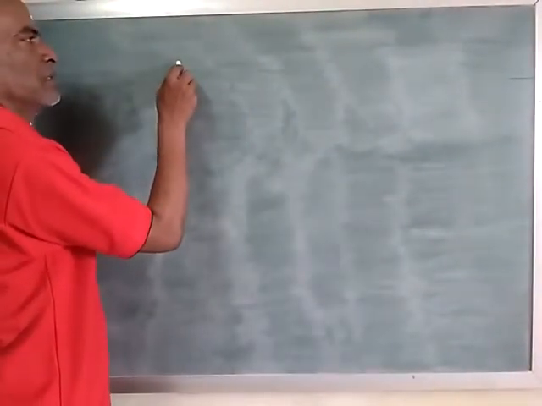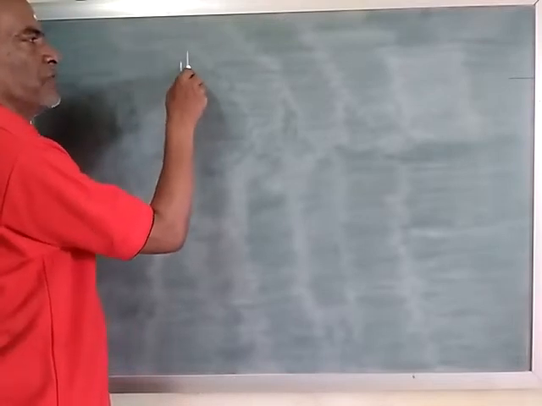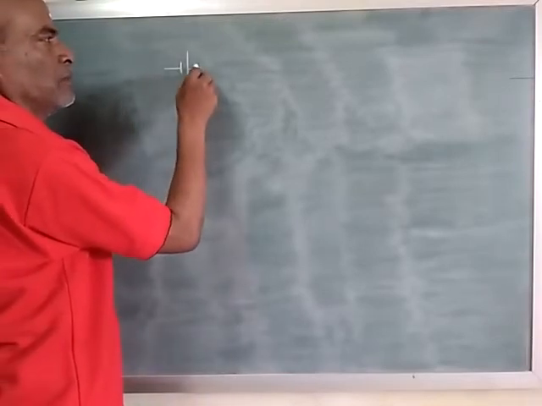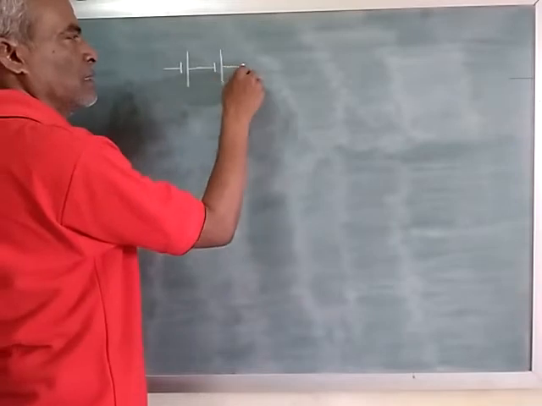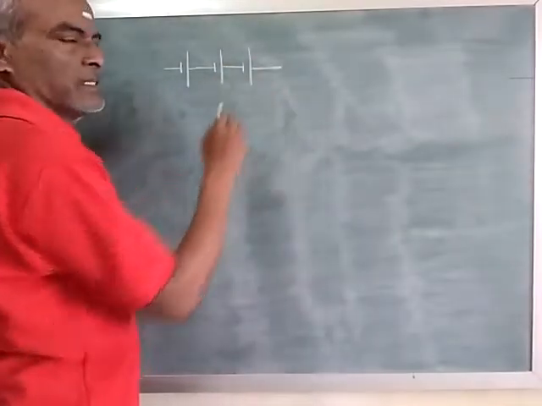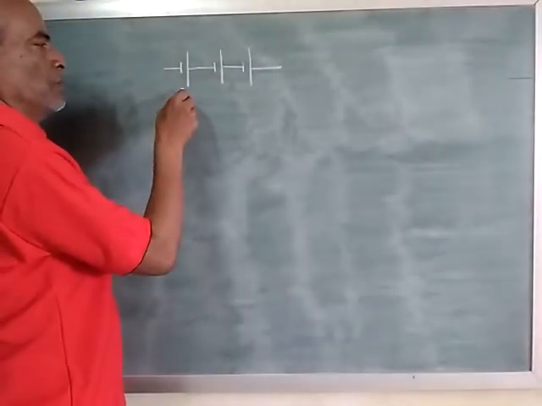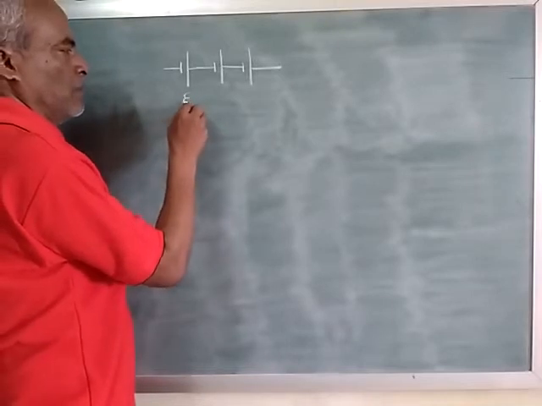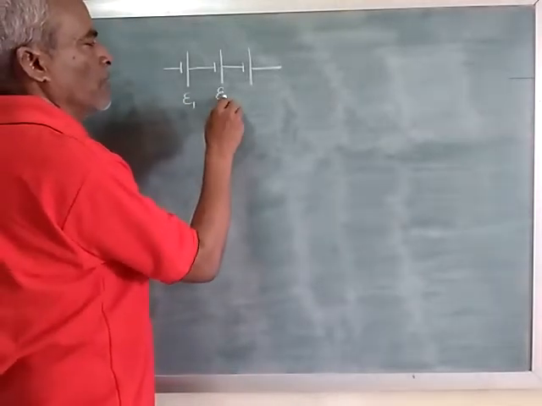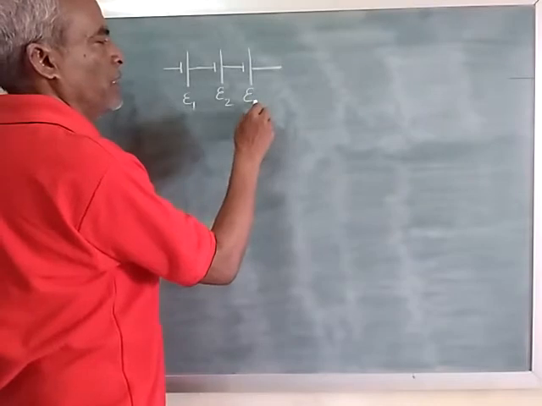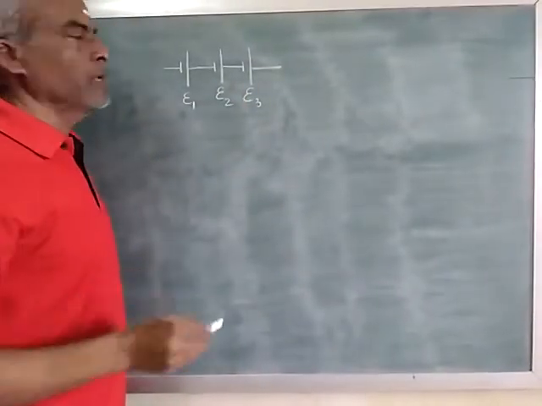Assume that we have first cell, then second cell and third cell, three cells with the potential E1, E2 and E3. Okay.